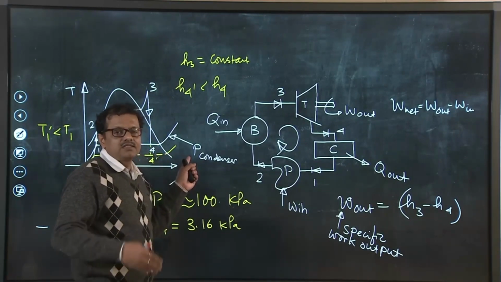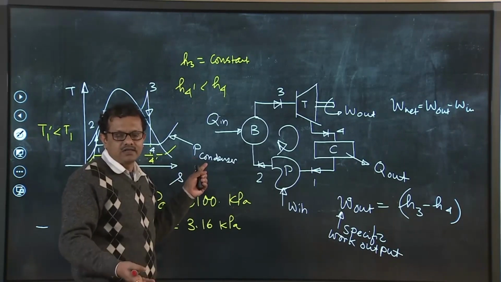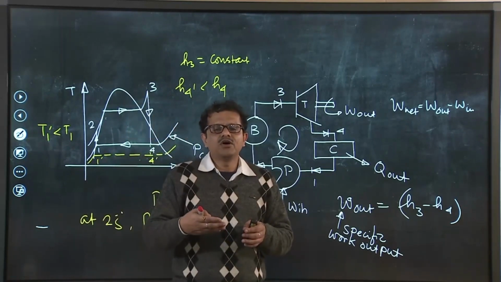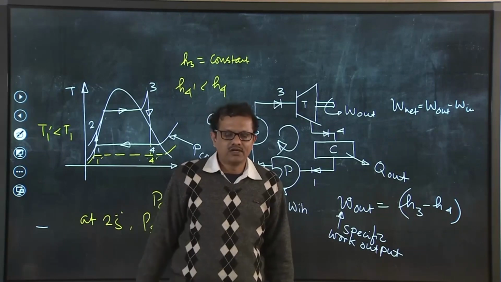That means the steam quality at the exit of the turbine will be having high moisture content. So, again the problem will be there from the perspective of turbine blade erosion.